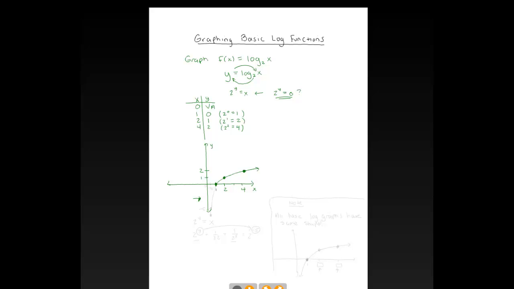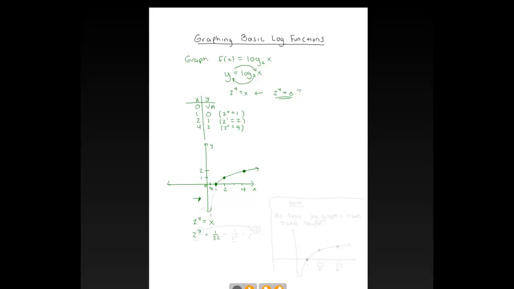But what's happening between x equals 0 and 1? Again, we're going to use this representation of our log graph, 2 to the y equals x. Let's pick some really small fraction, like 1 over 32. That's x, remember. So if x is 1 over 32, I've got 2 to the y equals 1 over 32.